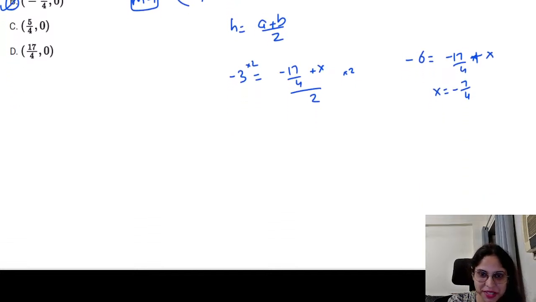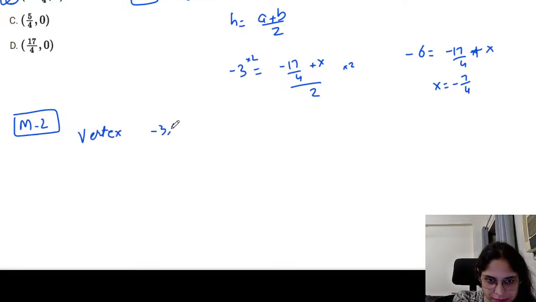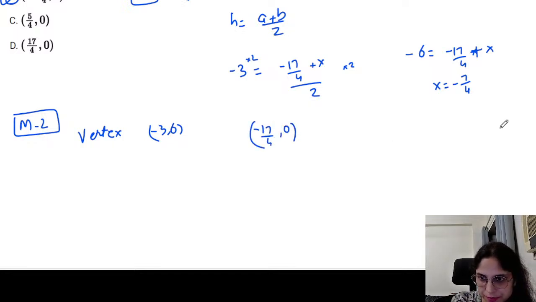Second method would be: the vertex is (-3, 6), and one of the points is given as (-17/4, 0). What just happened? This was question number 65, I guess.